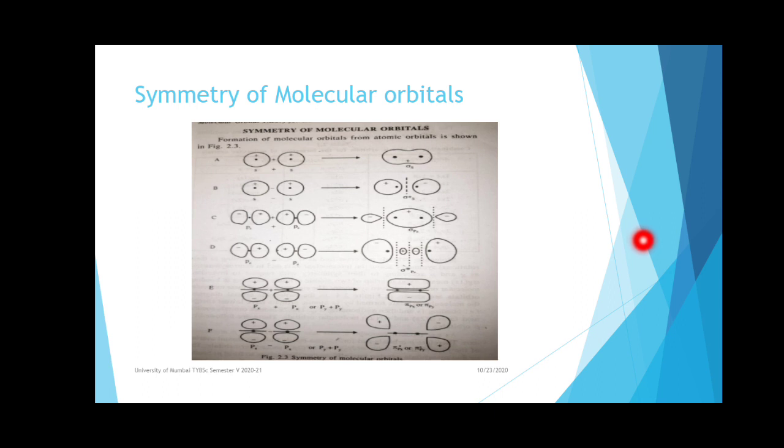Right? So in this picture you can see there are different combinations of atomic orbitals like A, B, C, D, E. Now for combination A, you can see that the 1s orbital of one atom combines with the 1s orbital of another atom by addition. So there is formation of a bonding molecular orbital.